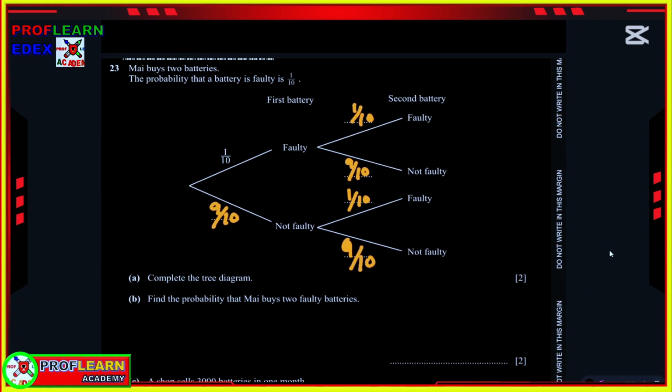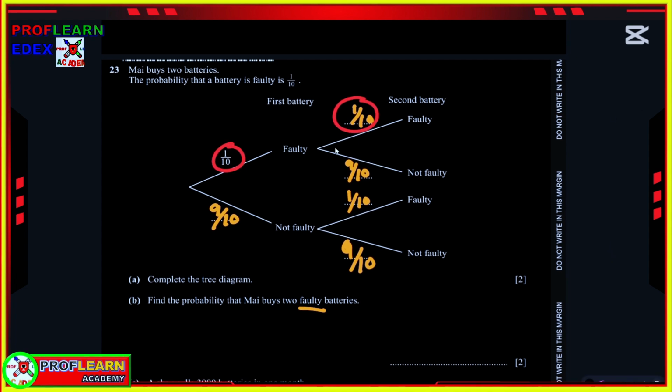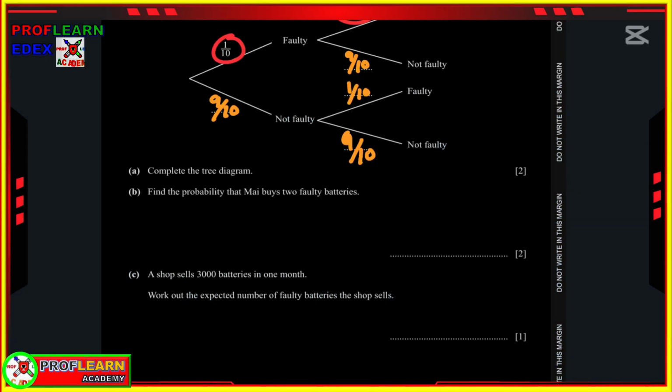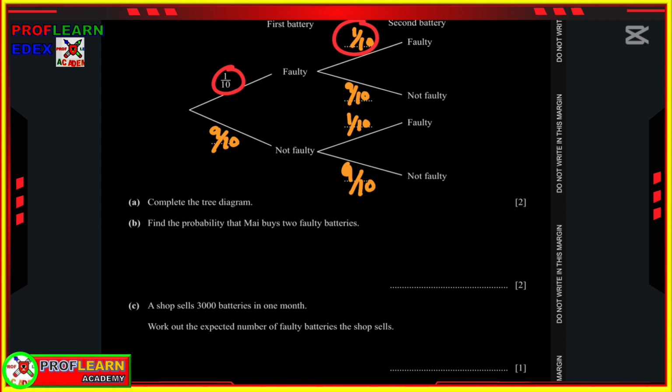You can be asked to find the probability of faulty batteries. So in this part of probability, because we are told they're faulty, we're talking of the faulty one, you are going to say that this is going to be 1/10 times 1/10, and that's going to be 1/100.